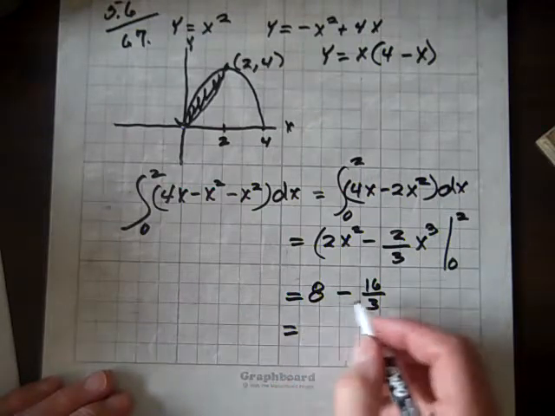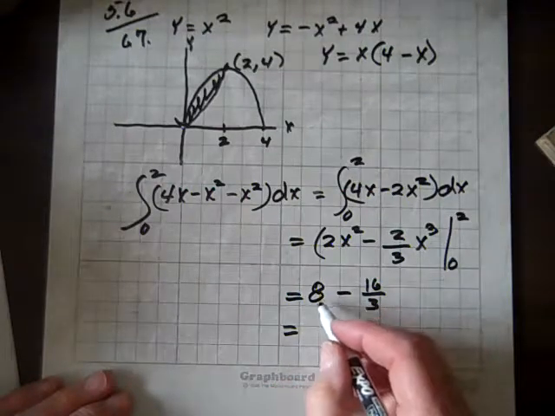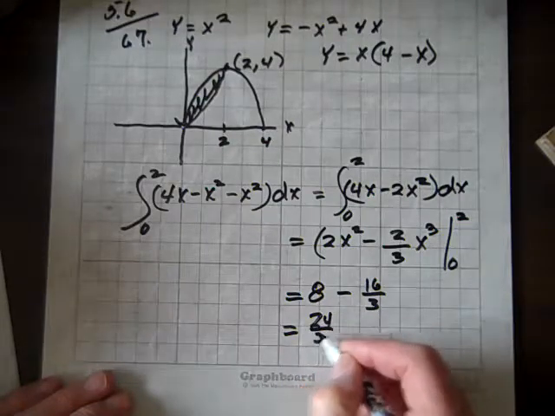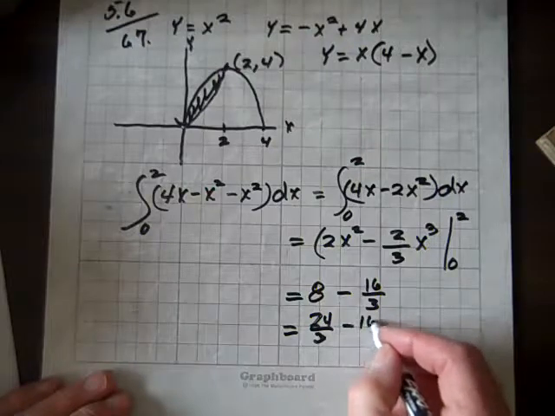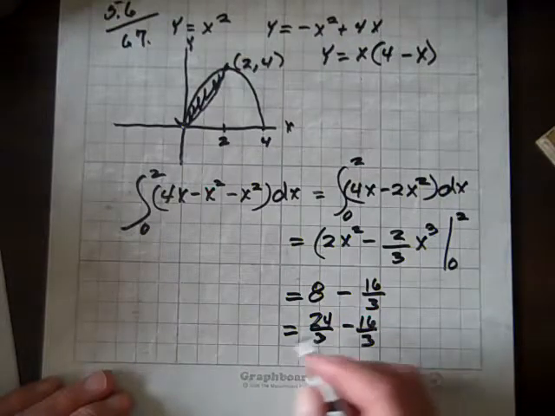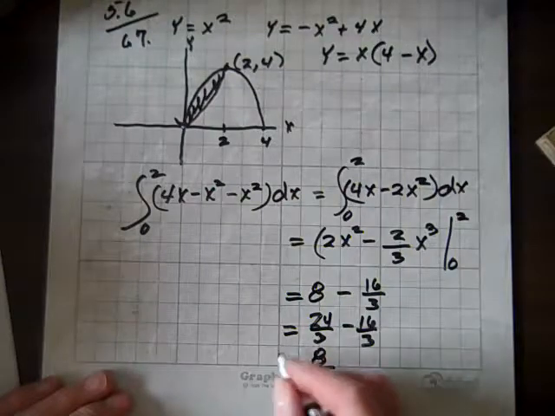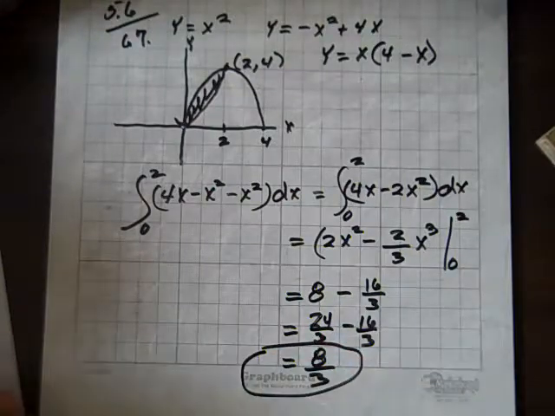So this is going to equal, when we get a common denominator, which will be 3, 24 over 3 minus 16 over 3, which equals 8/3, and we are done.